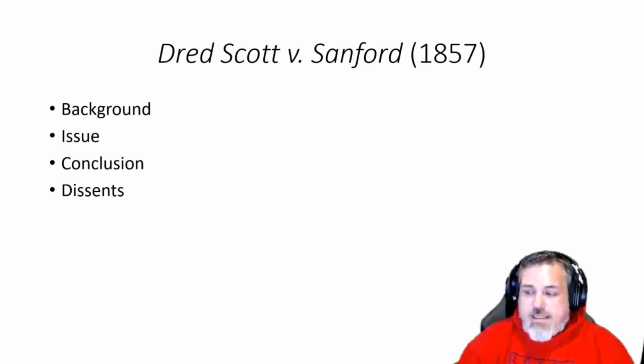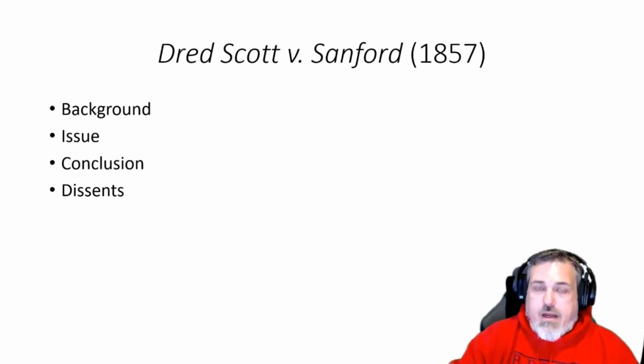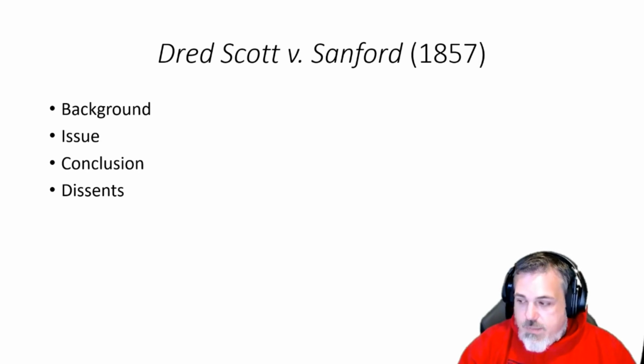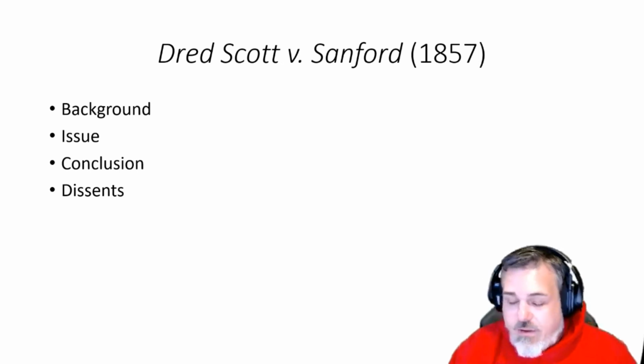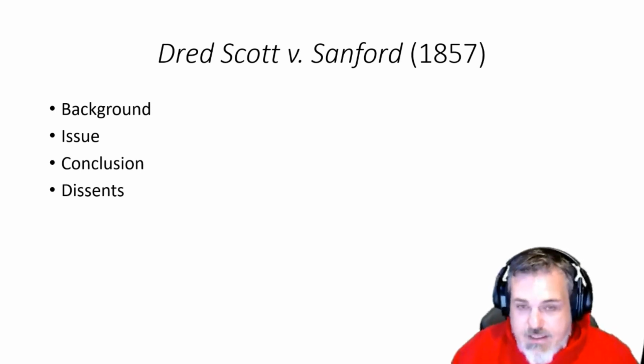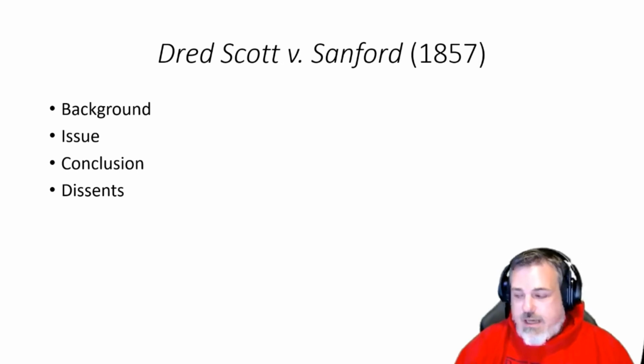He goes on to answer another question that was not at all briefed to the court, and that question is, was the Missouri Compromise constitutional? And the answer that the court gives is no, the Missouri Compromise was not constitutional. It was an unconstitutional act of the legislature.